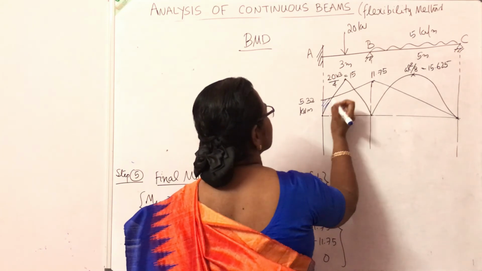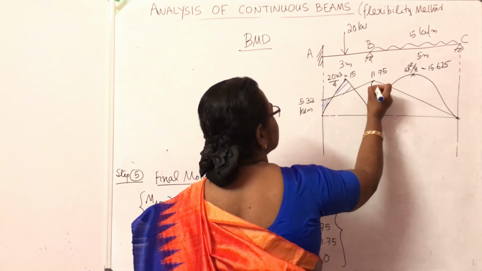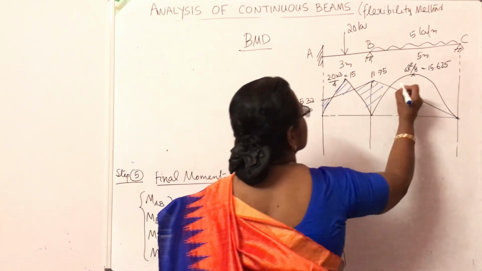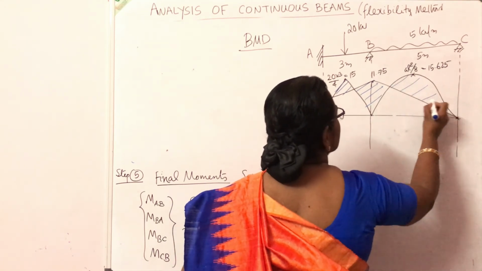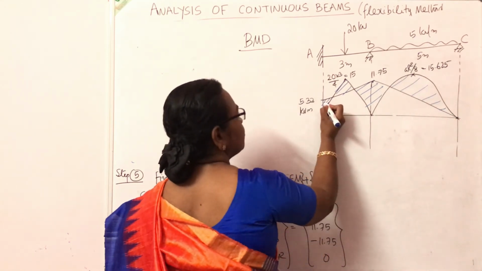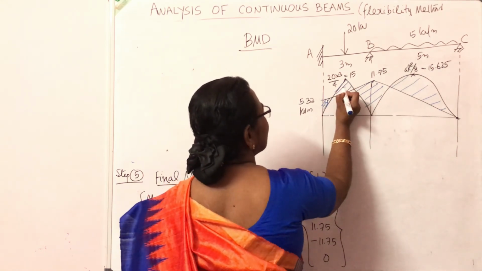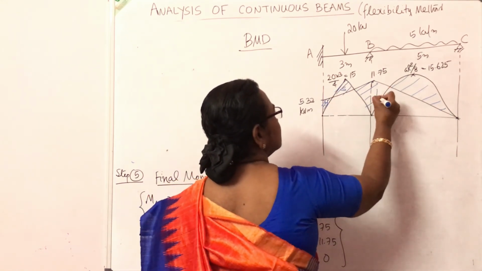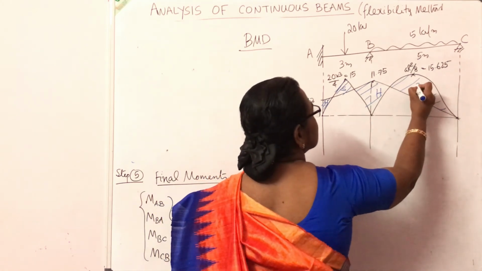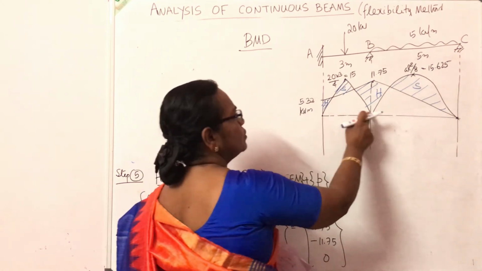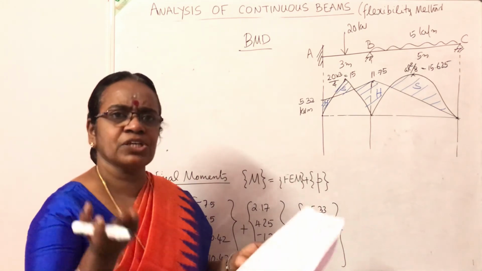So, hatch. This is the bending moment diagram. This portion is hogging. Here it is sagging. This is hogging. This is sagging. That is, at the support, the bending moment will be hogging, producing tension up.